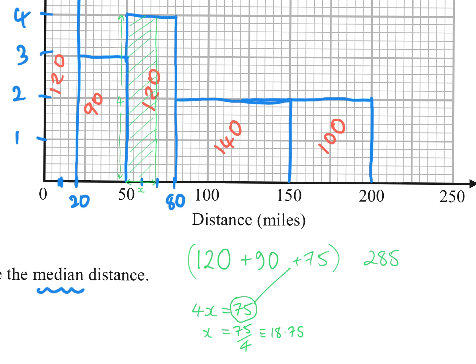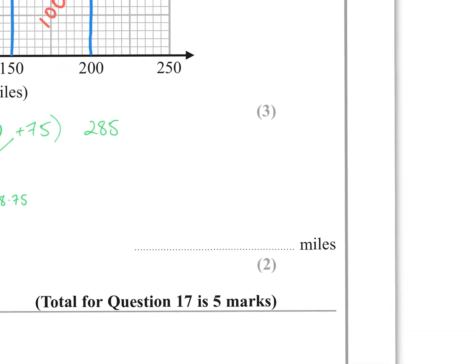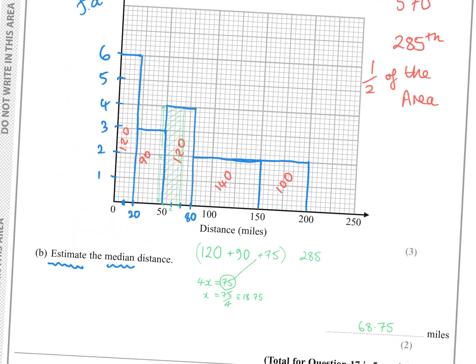Well, if you've already got 18.75 from here to here, we started at 50. So the median distance is just going to be 50 plus the value we've just found. So it's going to be 50 plus 18.75, and that's going to give us our answer of 68.75 miles.